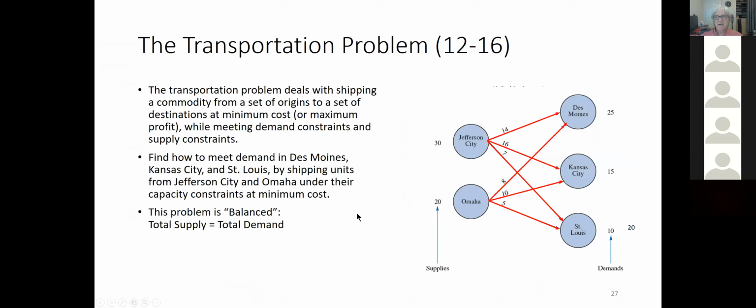Transportation problems are those coming from logistics. Logistics is a huge area in optimization, in operations in general. The transportation problem specifically is dealing with shipping a commodity from a set of locations to another set of locations. But as you see, the problem is described here as a network. There are a variety of network problems, all of them logistic type.